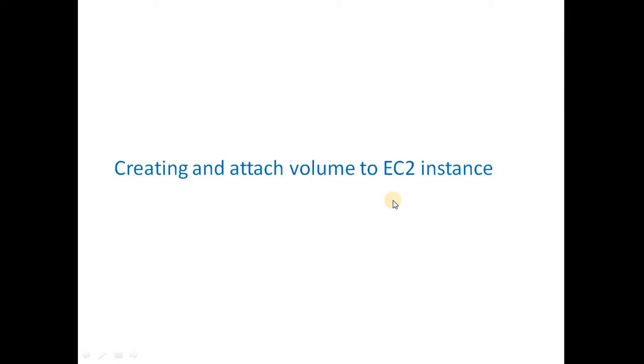Let me go to my PPTs. Let us see a few of the important interview questions. How is stopping and terminating an instance different from each other? Guys, there are two options available. After launching your EC2 instance, either you can stop it or terminate it. The difference is, if you stop the EC2 instance, it will go through a normal shutdown.